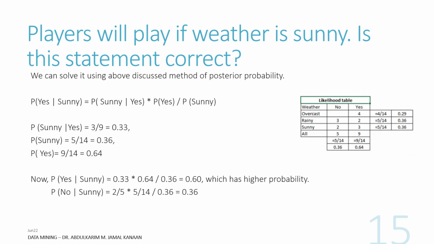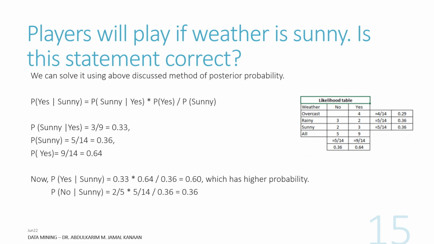Same idea you apply for finding the probability the football players are not going to play given the weather is sunny. So you calculate the probability of sunny given that the players didn't play, multiplied by the probability of no, divided by the probability of sunny. So the probability of no is the number of incidents that the players didn't play. How many do we have in this case?